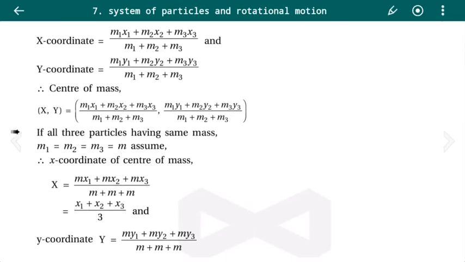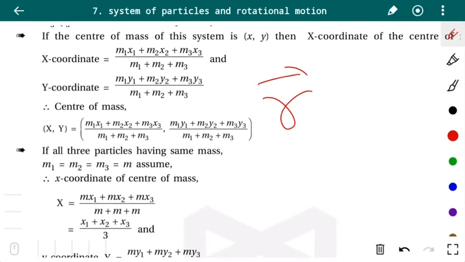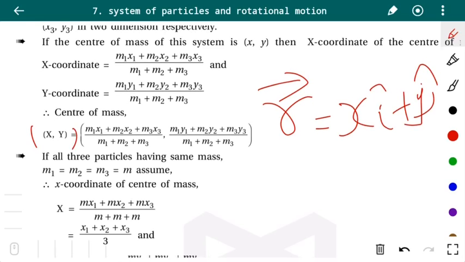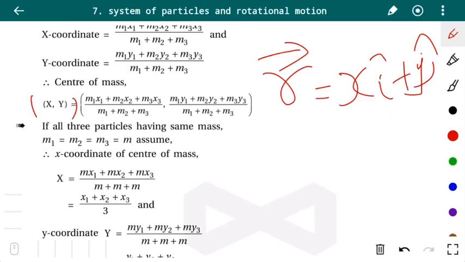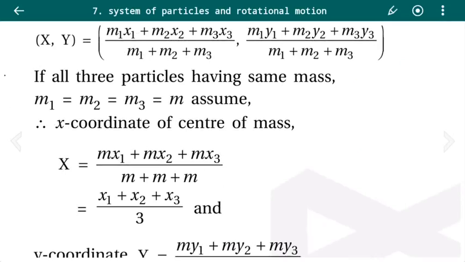Now suppose we consider that all the 3 particles have the same mass, then we can write m1 equals m2 equals m3 equals m. So for the x coordinate of the center of mass, it becomes (mx1 plus mx2 plus mx3) upon (m plus m plus m). Taking m common in the numerator, we have (x1 plus x2 plus x3) upon 3m.